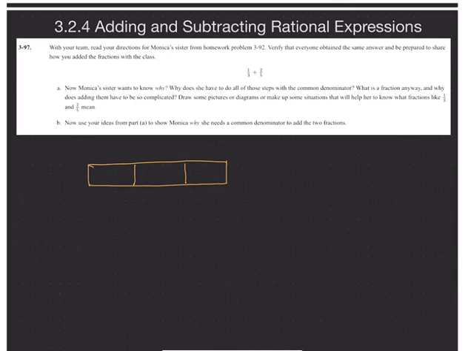So when it comes to a fraction that has a 3 in the denominator, it is saying that you are taking this one whole and you're splitting it into 3 equal parts. The 1 is saying that you have one of those thirds, right?